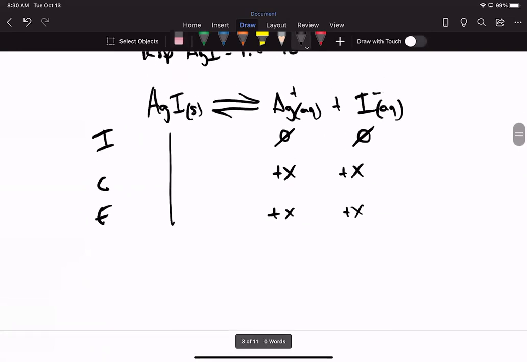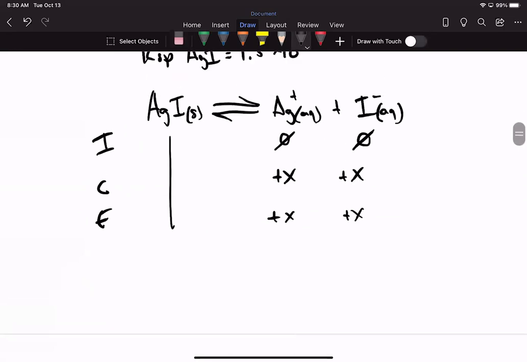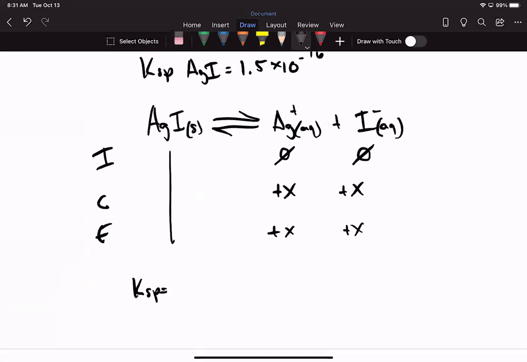x. So here, let's see, we can go with our KSP. Our KSP is equal to, I'll just rewrite it, 1.5 times 10 to the minus 6. All right, so 1.5 times 10 to the minus 6 is equal to x times x, which essentially is just x squared.